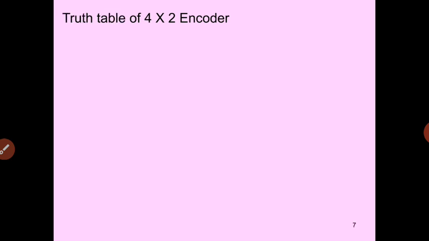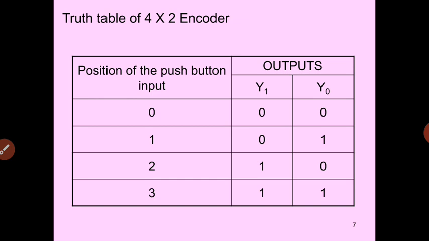We will see how. This is the truth table of a 4x2 encoder. The position of the push button input has 4 positions, 0, 1, 2, 3, and corresponding outputs. If the push button input is 0, then Y0, Y1 outputs will be 0. If the push button is in input 1 state, then Y0 is 1 and Y1 will be 0. If it is 2, then Y0 will be 0 and Y1 will be 1.